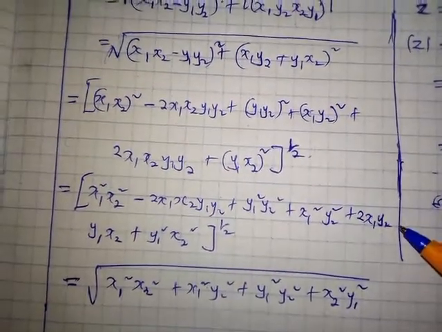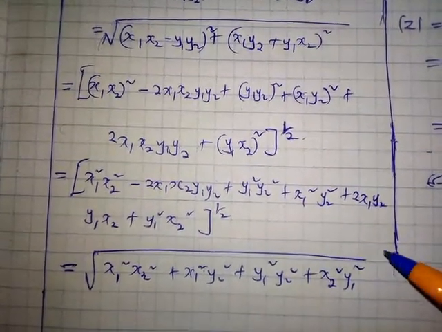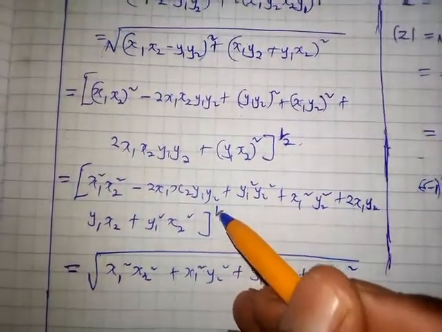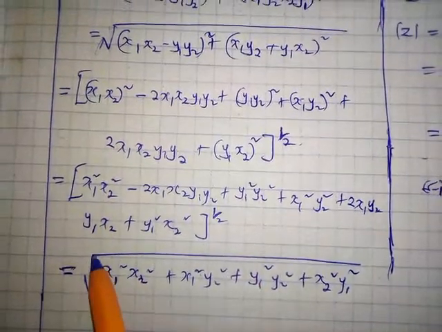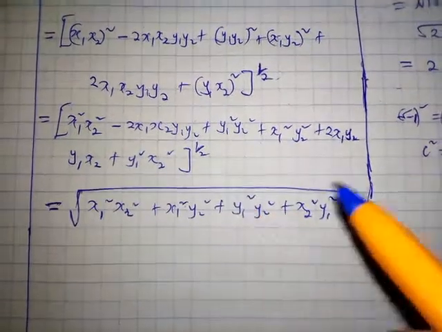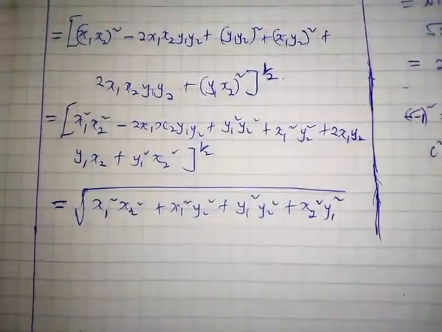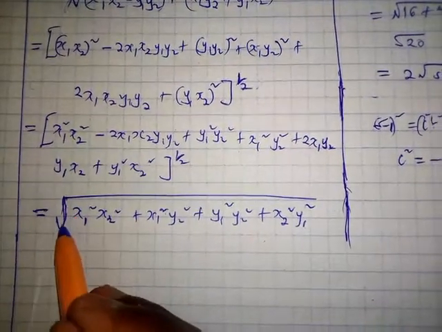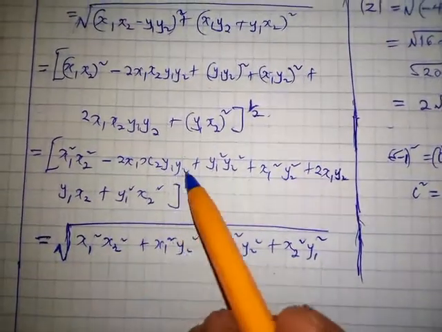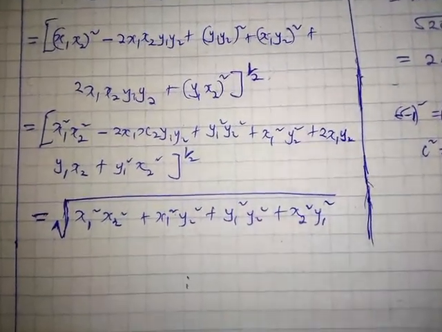I can see it is very tedious, but if you work it out and follow each and every step, I do believe that you will get here. If you follow and simplify all of this, you reach this point.